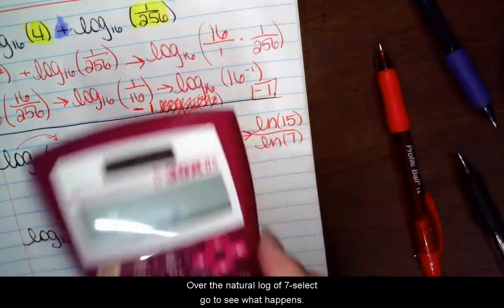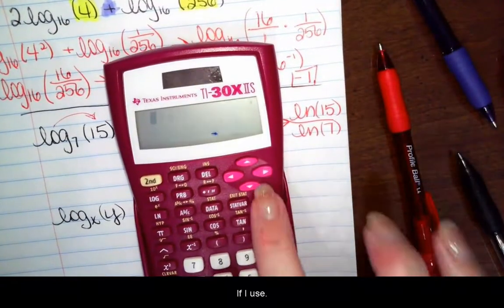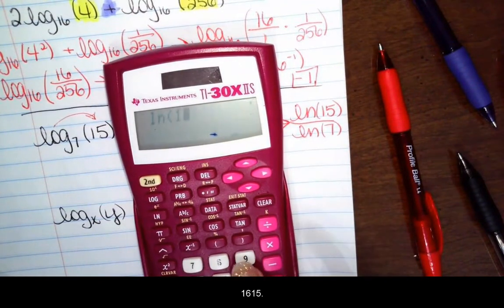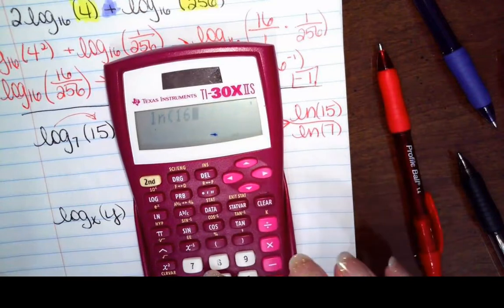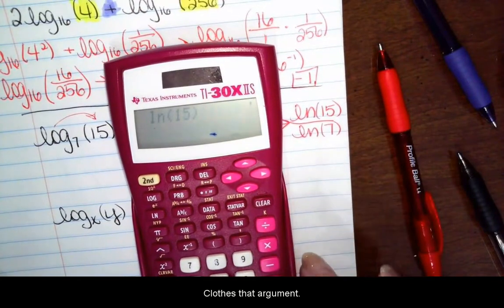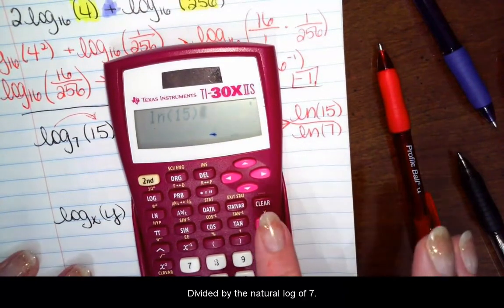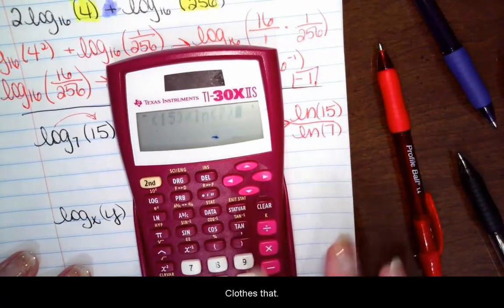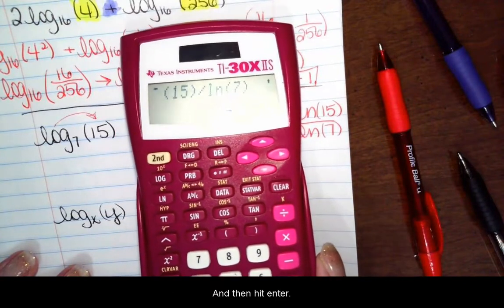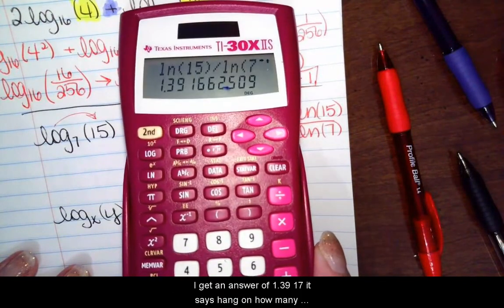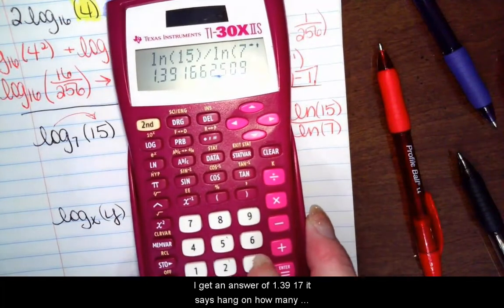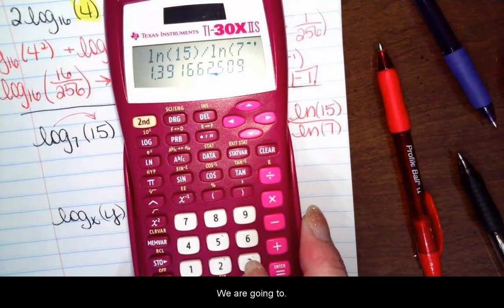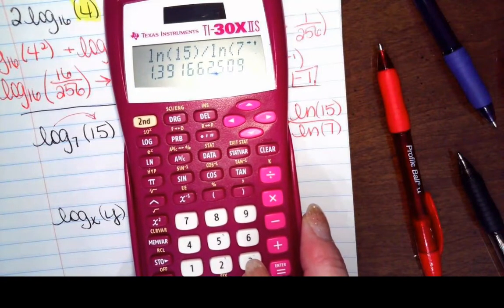So let's look and see what happens. If I use the natural log of 15, close that argument, divided by the natural log of 7, close that argument, and then hit enter, I get an answer of 1.3917. It says, hang on, how many decimal places? Okay, well, we're not.